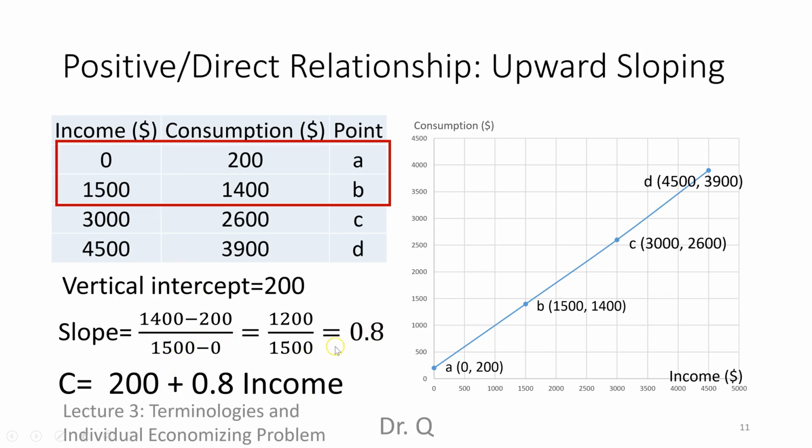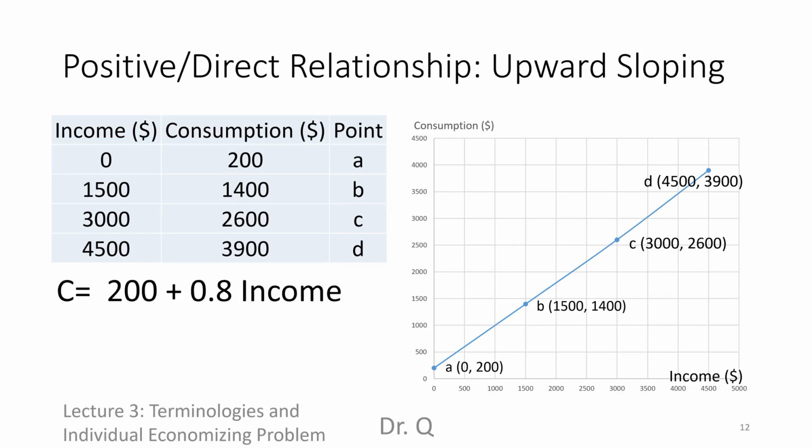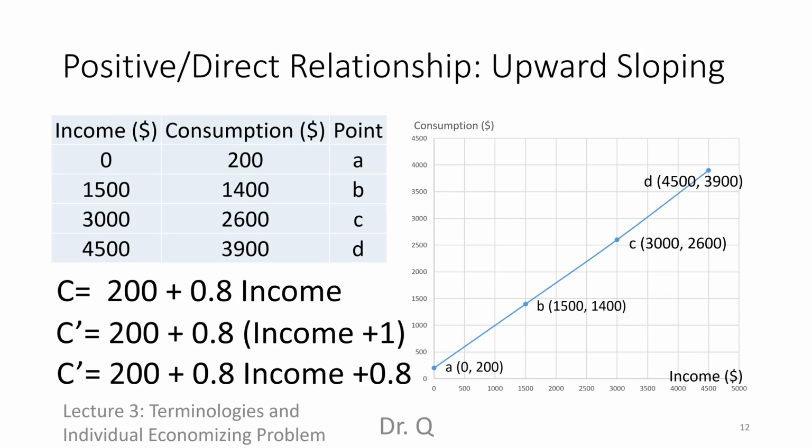The ratio is 0.8. The slope has economic meaning: as income increases by $1, consumption increases by 80 cents. In economics, we care about the slope as it tells us the marginal effect of a variable.